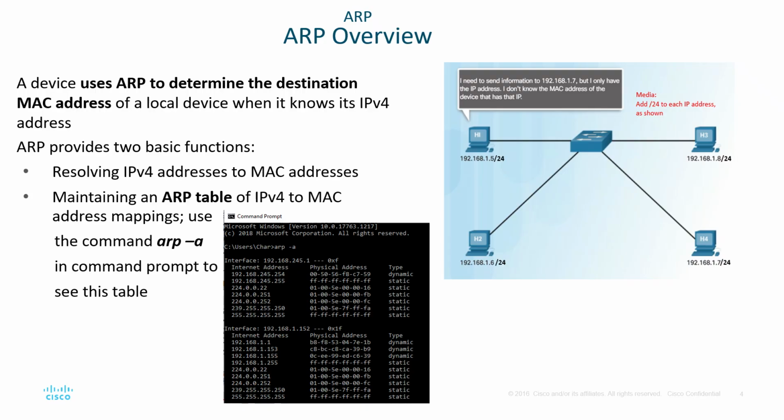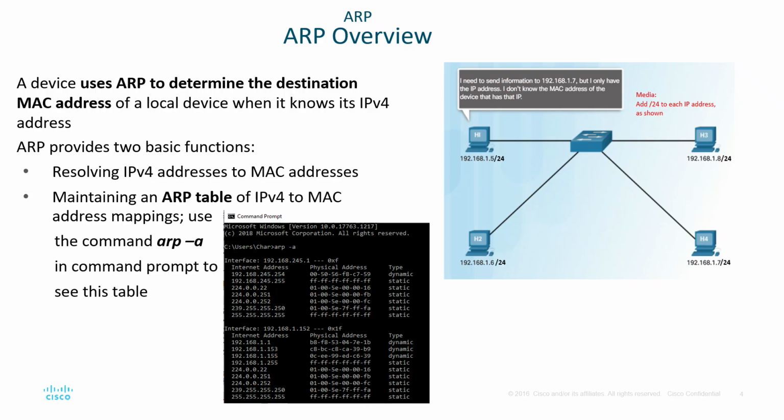So the command arp -a on your PC will give you the information that your PC knows right now. On a router, it will be show arp, and we would see the same type of thing, which is a mapping between an IP address and a physical address.